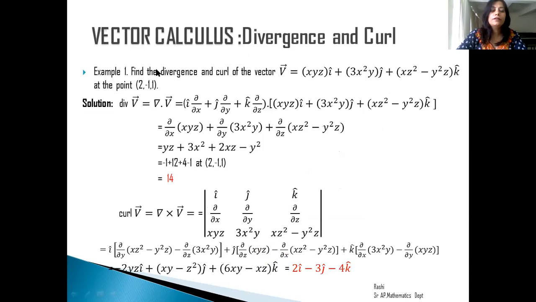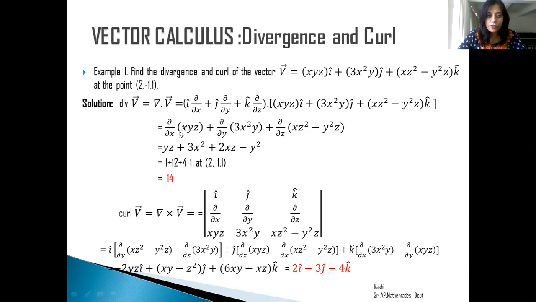Now look at the question. Find the divergence and curl for the vector point function this, at the point (2, -1, 1). Now when I am doing divergence, I told you del dot f. When I am doing dot product, i dot i is 1. So del by del x of xyz, del by del y of 3x square y, del by del z of xz square minus y square z.